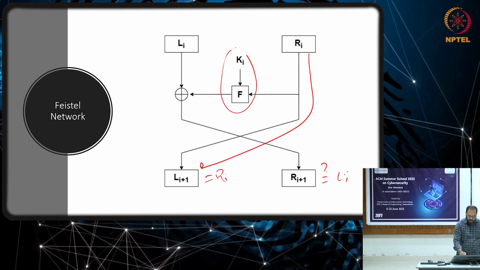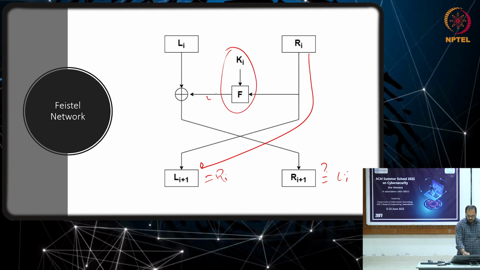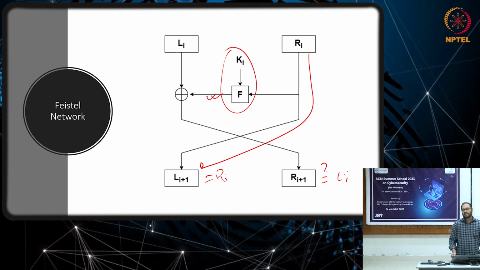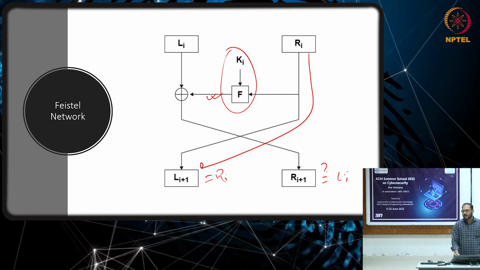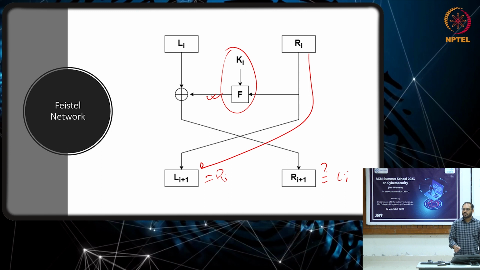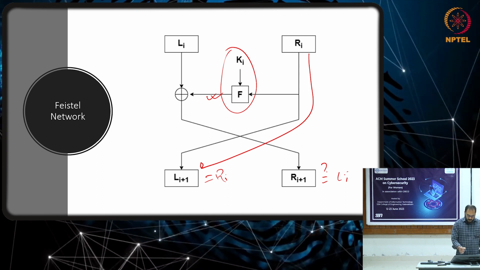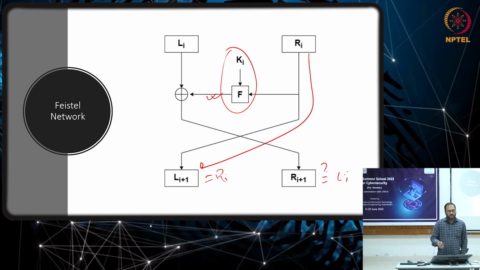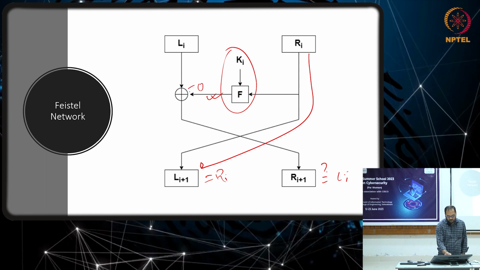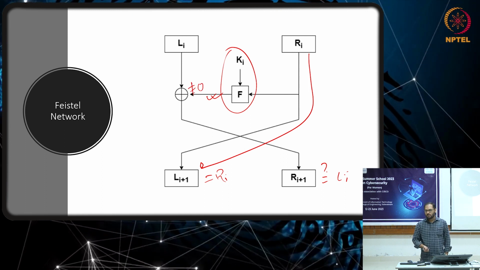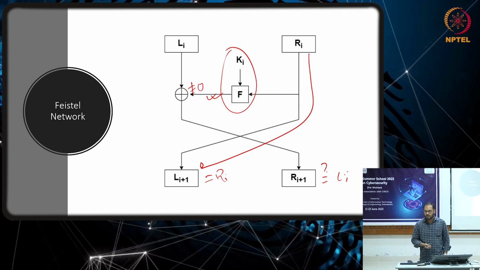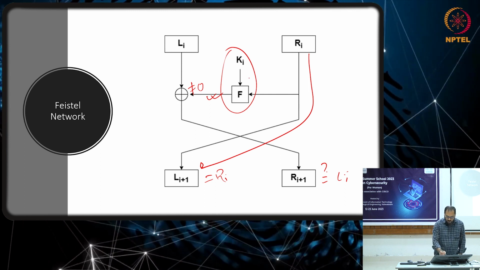Something happening here, we are getting output, and this Li is getting XORed with this value, and then we are getting R(i+1). So R(i+1) is not equal to Li. Only one condition is there, that the output of this function should not be 0. If it is 0, then you will get the same thing again. But normally it won't be 0.